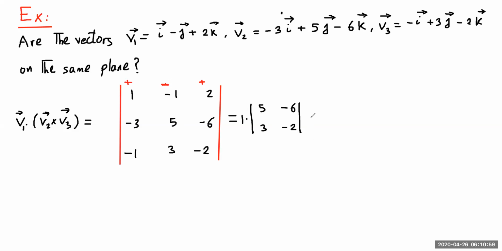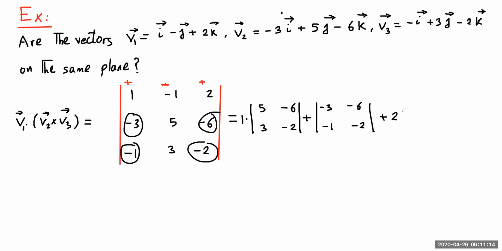So it's plus 1 times the determinant of minus 3, minus 6, minus 1, minus 2. Finally, plus 2 times the determinant of minus 3, 5, minus 1, 3.